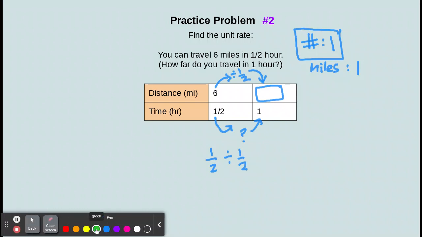Now the other way I showed you to do it was to find the value of the ratio, or to divide the top number by the bottom. So the top number is 6 divided by 1/2. That should also get you that number there. Look, it's the same thing. 6 divided by 1/2. All right, that's the end of 5.2.